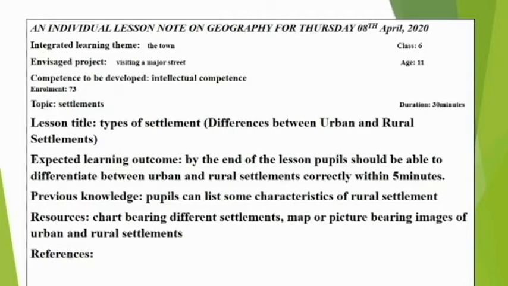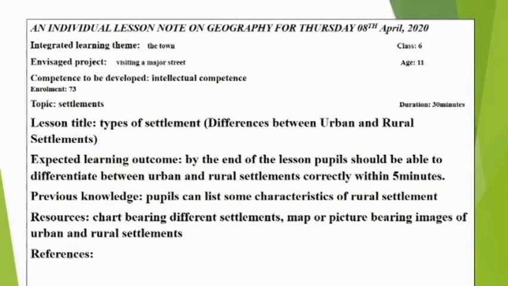And expected learning outcome goes thus: by the end of the lesson, pupils should be able to differentiate between urban and rural settlement correctly within 5 minutes. Previous knowledge: pupils can list some characteristics of rural settlement.